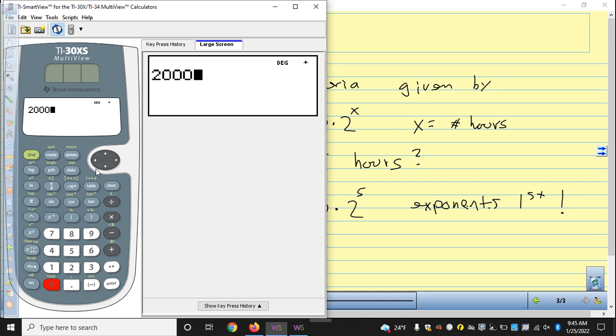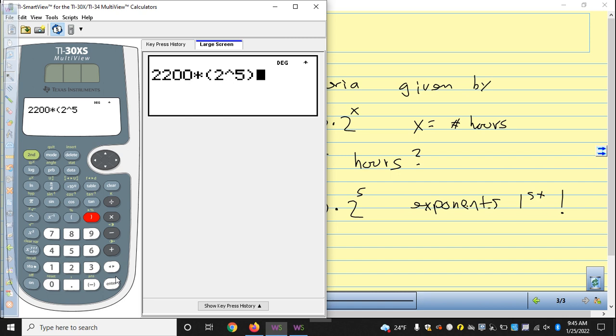Whoops, not 2,000. There, 2,200. 2,200 times, and then I'm going to put my 2 to the 5th in parentheses. So parentheses, 2 to the 5th power. And this way, the calculator will do this 2 to the 5th first, and then multiply. And I hit enter, and I get 70,400.